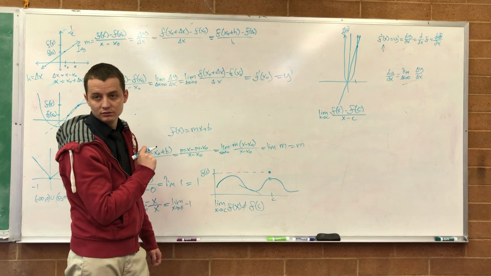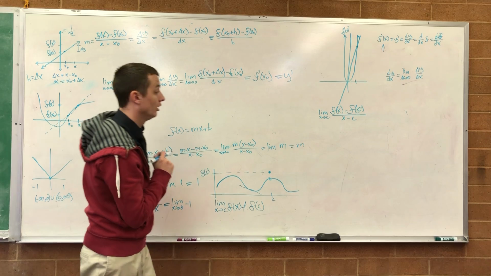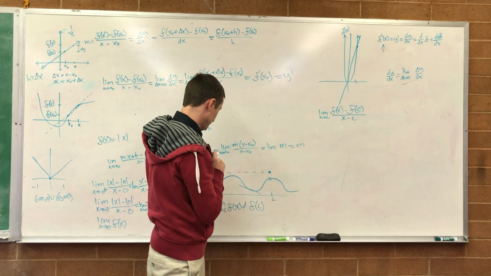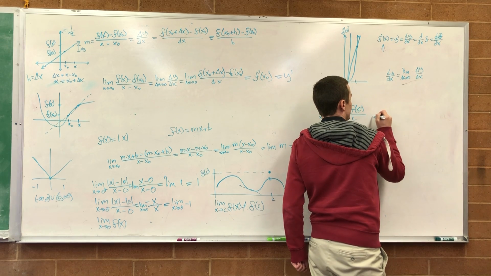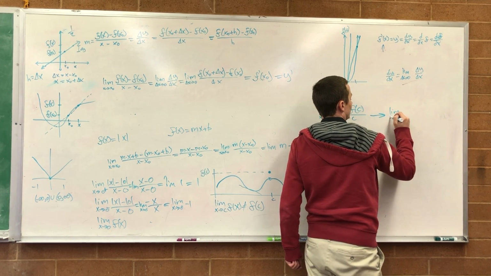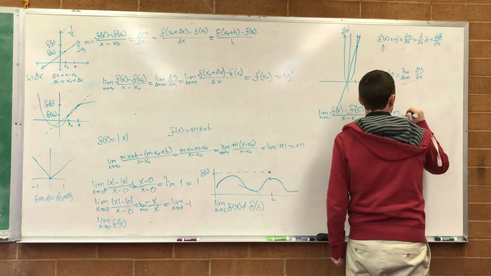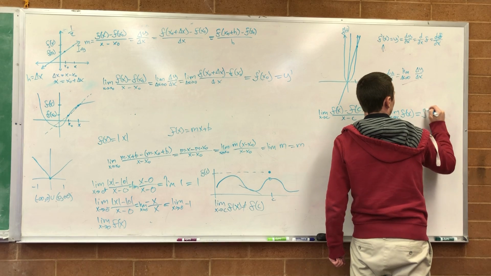That's a number. And I'm trying to use that to show that this implies that the limit as x approaches c of f of x is equal to f of c.